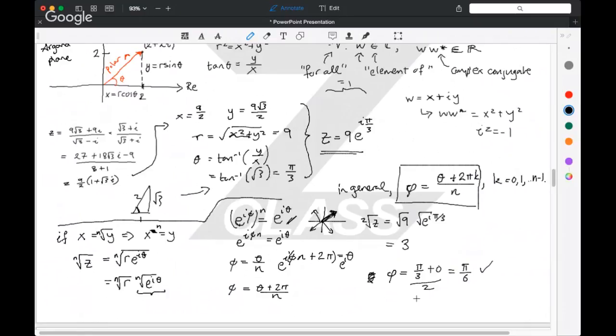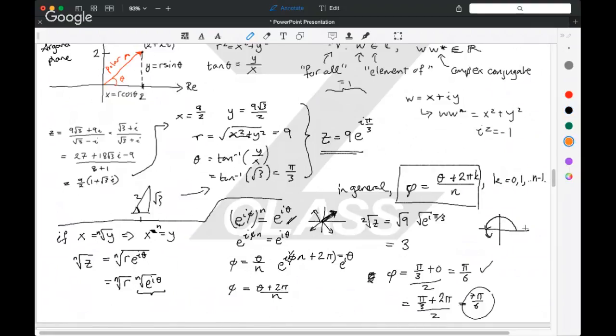So that's one solution. It could also be equal to pi over 3 plus 2 pi all over 2, which is 7 pi over 6. But this is outside of our range, so we have to re-express that. If you think about it, this is 6/6 of pi, which is just pi, and then we've gone a little extra sixth.